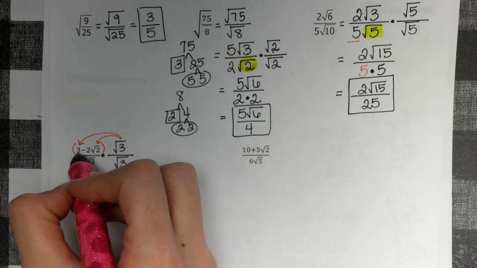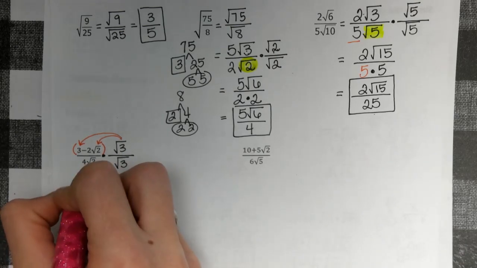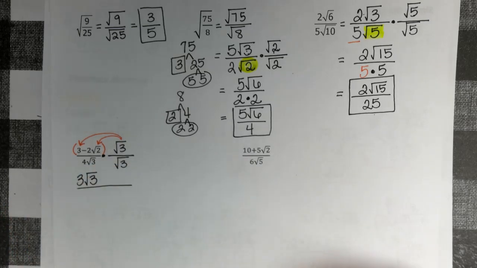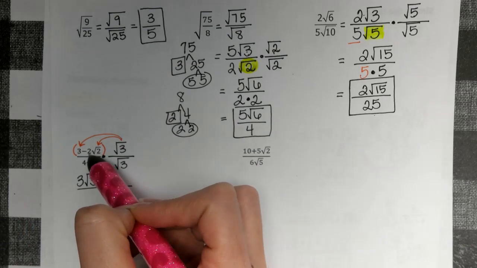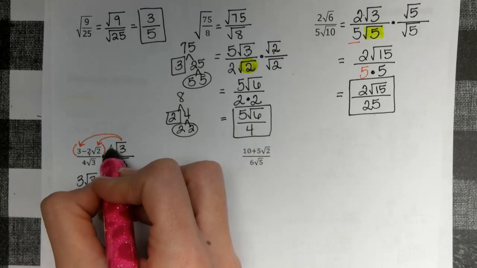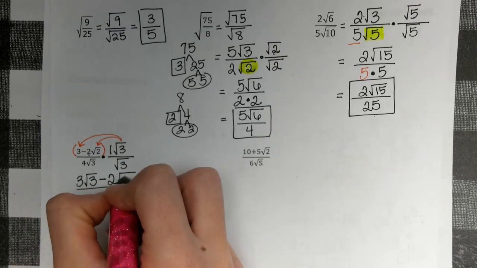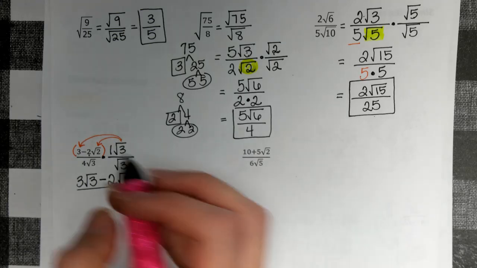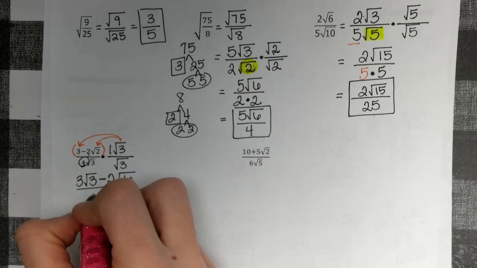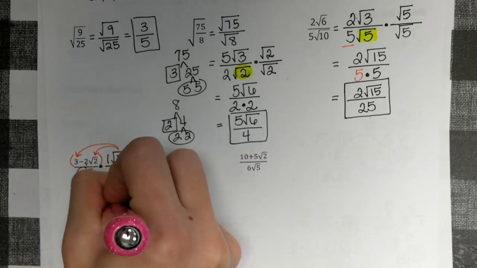So 3 is an outside number times square root of 3, which is a radical. I'm just going to combine those. 3 square root of 3. Minus, I have an outside number of 2. This is really a 1, so 2 times 1 is going to be 2. Square root of 6. Then my denominator, I take this 4, and it comes down. And square root of 3 times square root of 3 is 3.